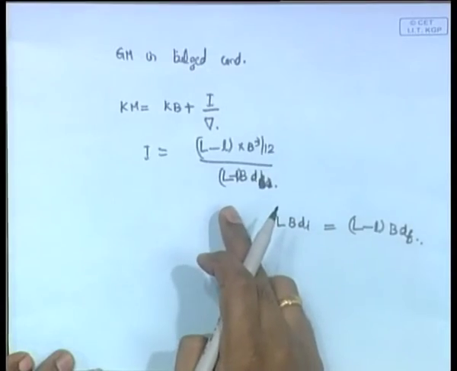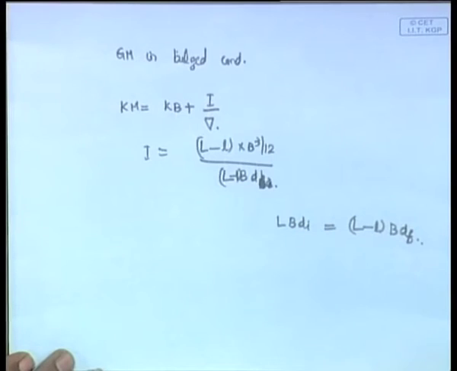Now, when you are doing this I by del, you have to be careful. You can do both using the method of loss of buoyancy or both using the method of added weight. Let us take the method of loss of buoyancy in this case, then I will become (L minus l) into B cube by 12, and del is the original volume, since displacement does not change in the case of loss of buoyancy.